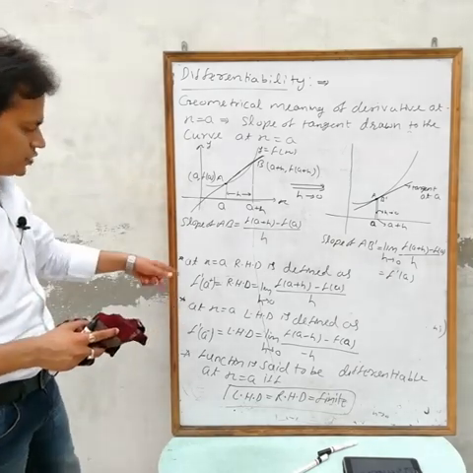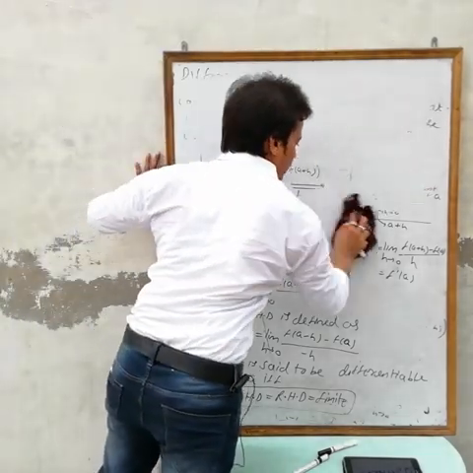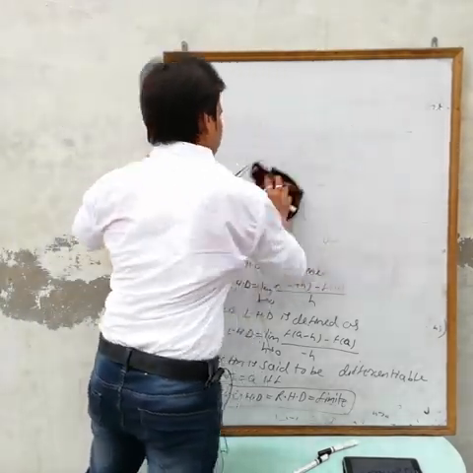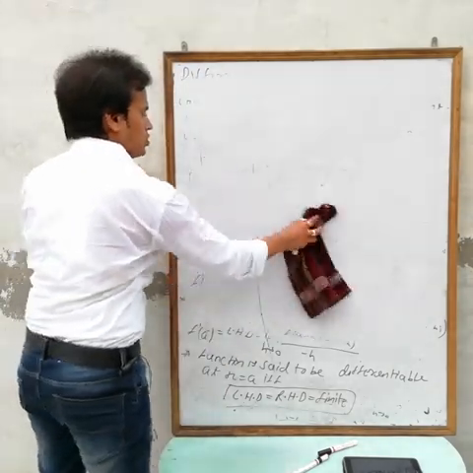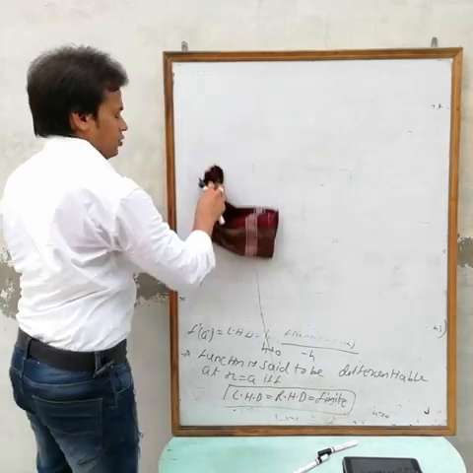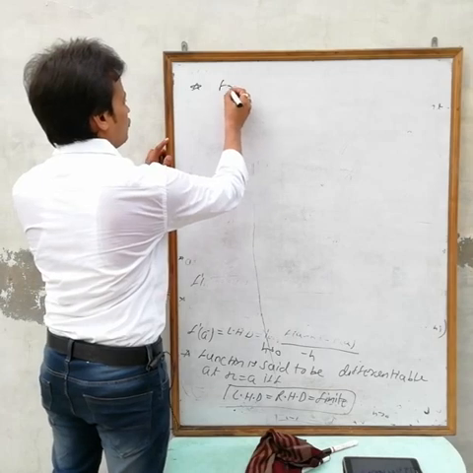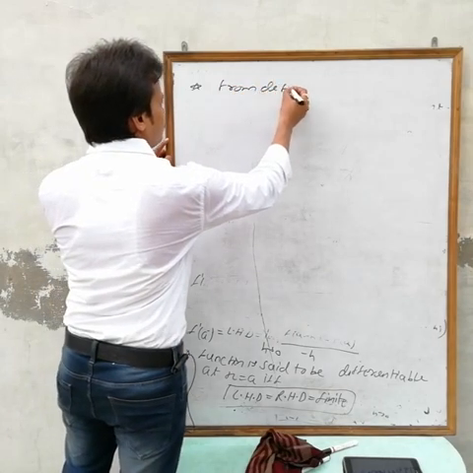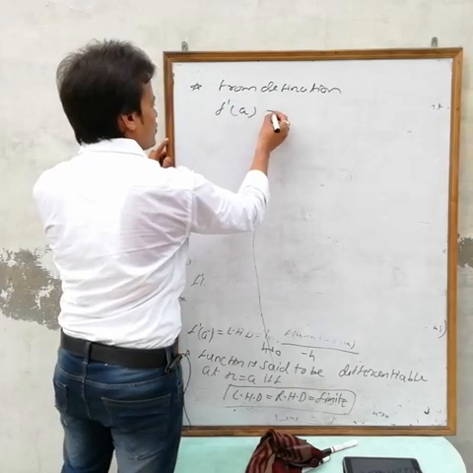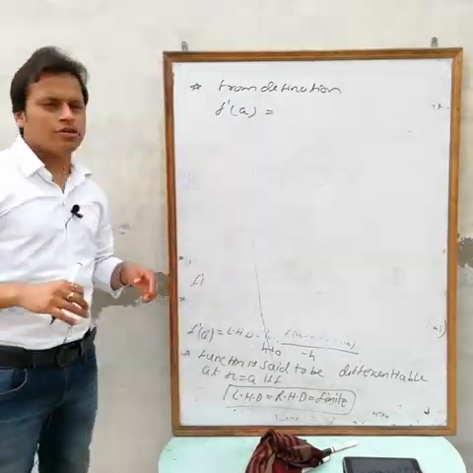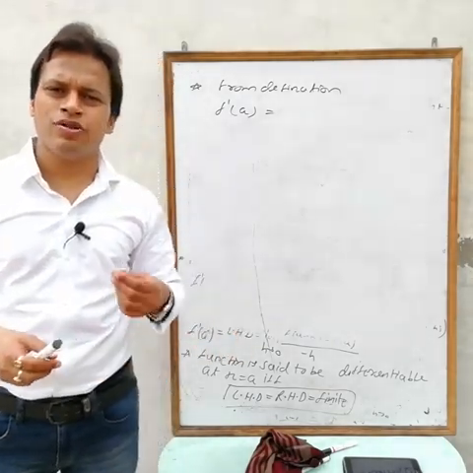Now suppose if you want the derivative at x equals a, f dash a, then we have two options, LSD or RSD, you can use any one.